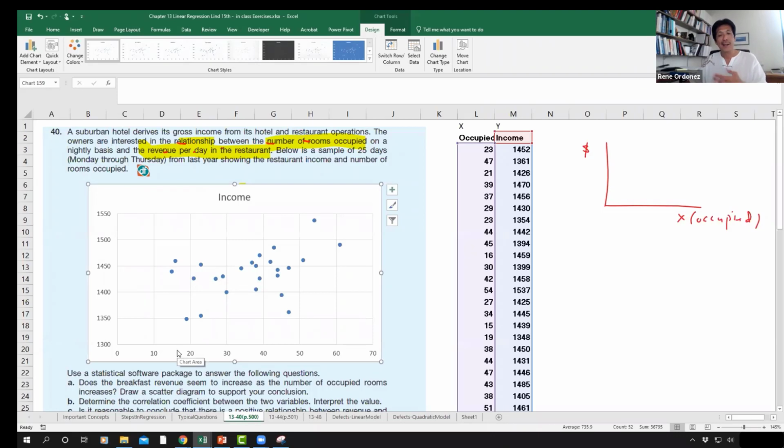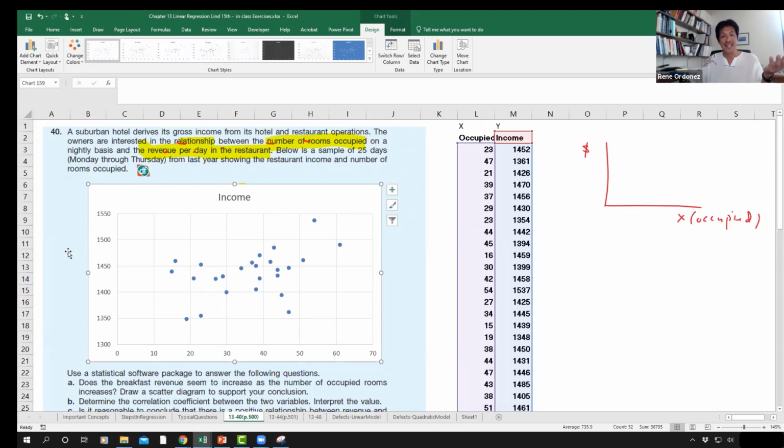Meaning, you shouldn't have to explain what the graph is; the person will know exactly what the variable on the horizontal axis is and what the variable on the vertical axis is.